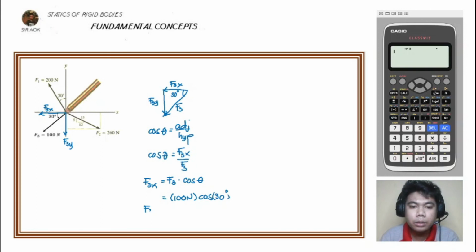So F3x is equal to 100 times cosine 30, that is 86.602 Newton.